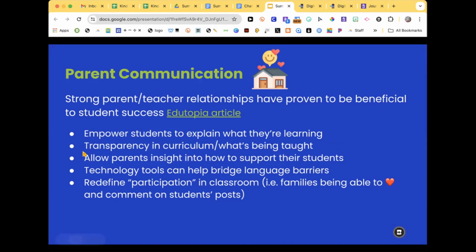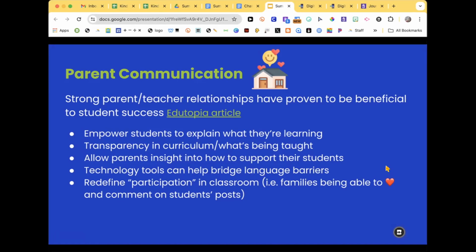As the families, we get to see what's being taught, what they are doing, kind of like what Nikki was talking about with, if you're going on a field trip, why, what are you learning, what are you doing? It provides some of that transparency, and how we as parents then can support our students. I think this is becoming big.